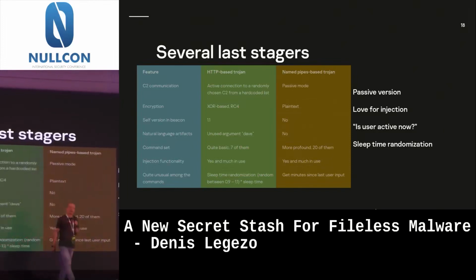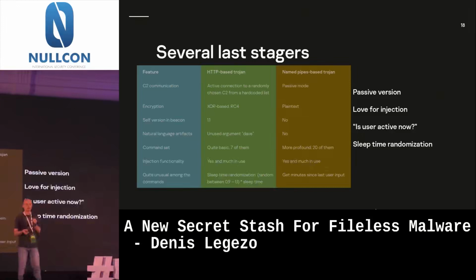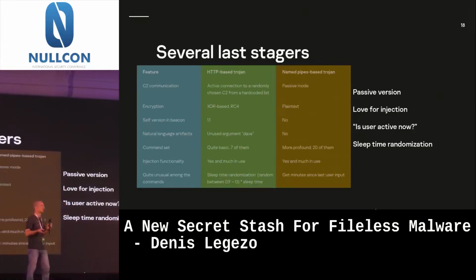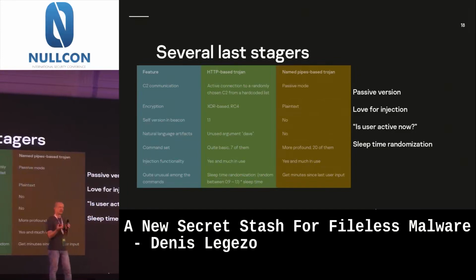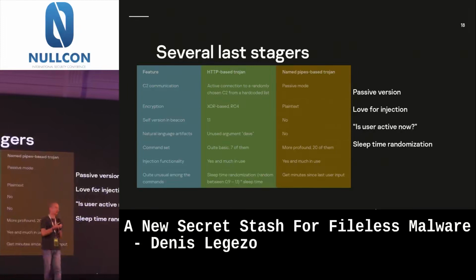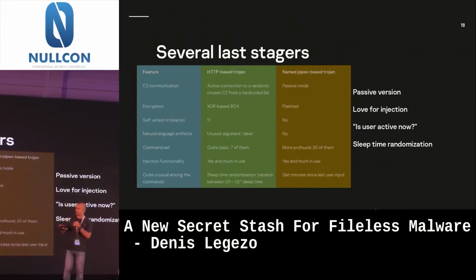This point, randomization of sleep time. To my understanding, it also tries to make the life of an incident responder harder, for example, not to correlate the initial infection date and the first beaconing date. Some randomization is a good idea for making correlation of different events harder.